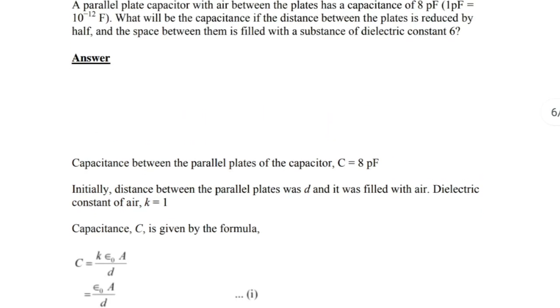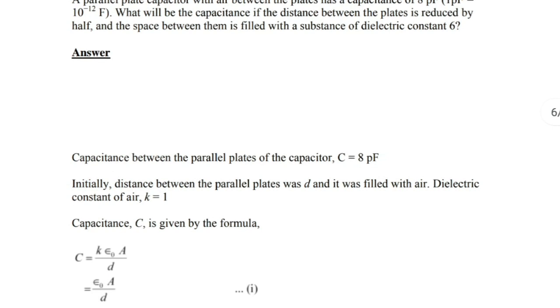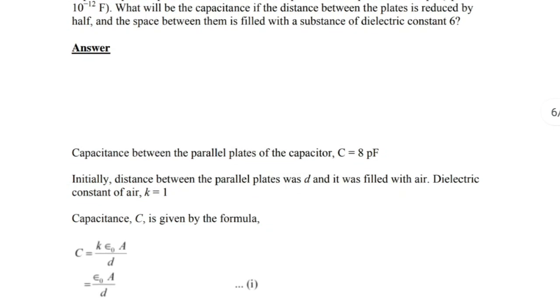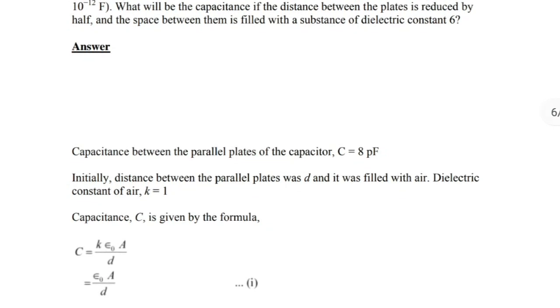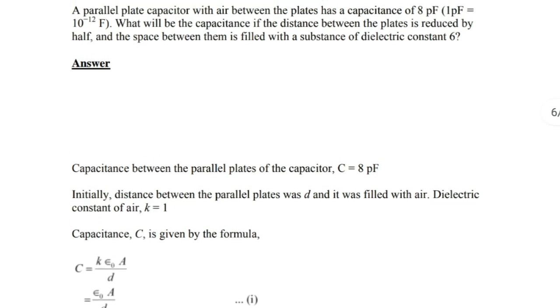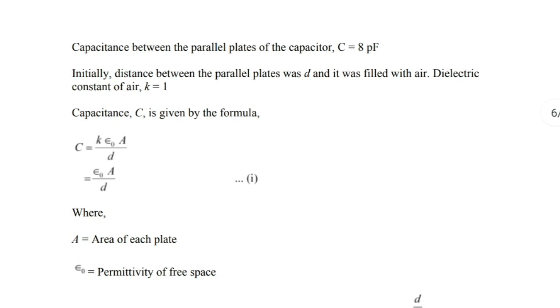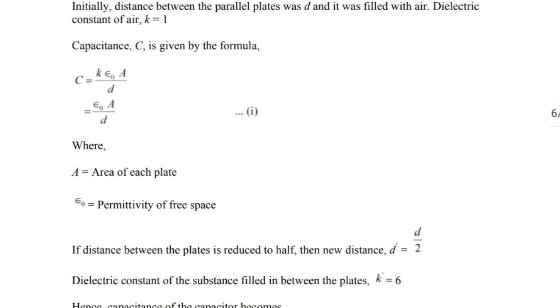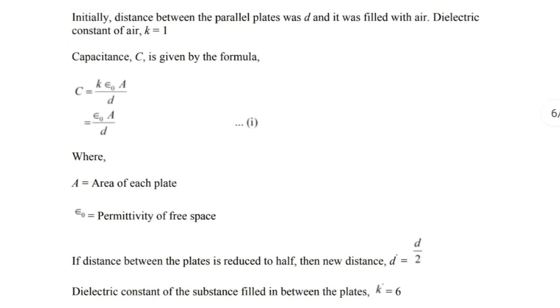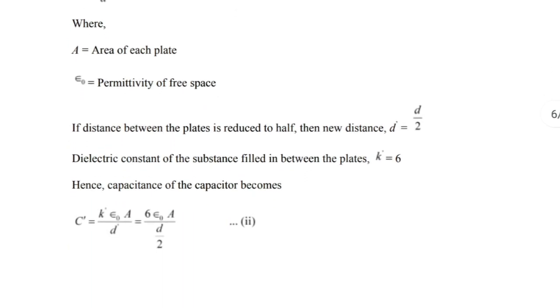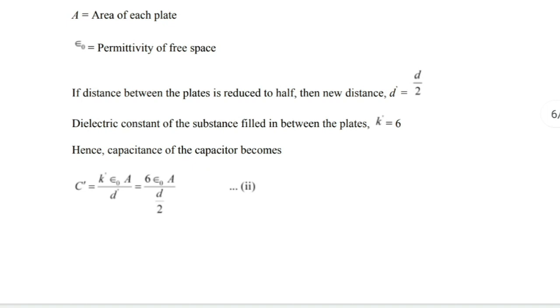Now the gap is filled with a dielectric whose dielectric constant is 6, and the distance between the plates is reduced to half. So first we write C equal to epsilon 0 A by D, where C is 8 picofarad. If the distance is reduced to half, the new distance becomes D by 2, and K is 6.